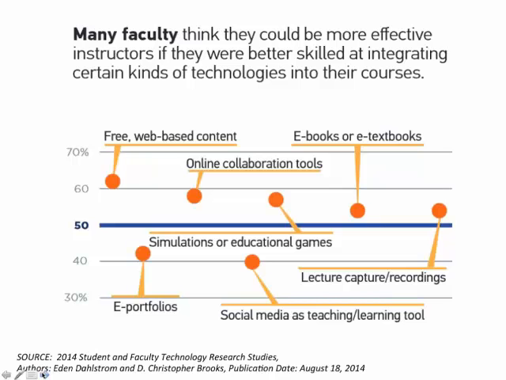So if you look at their markers here on this scale, the slide, you can see that lecture capture is extremely valued, ebooks and text, things like simulations and games, right there as well.